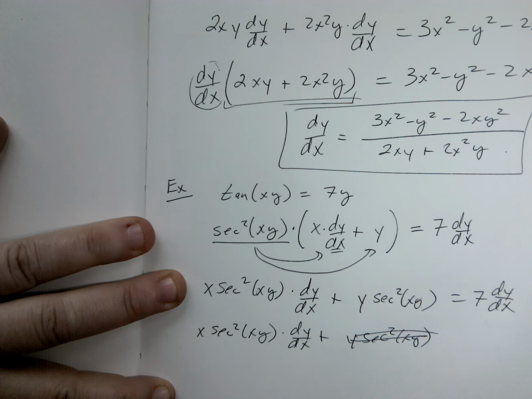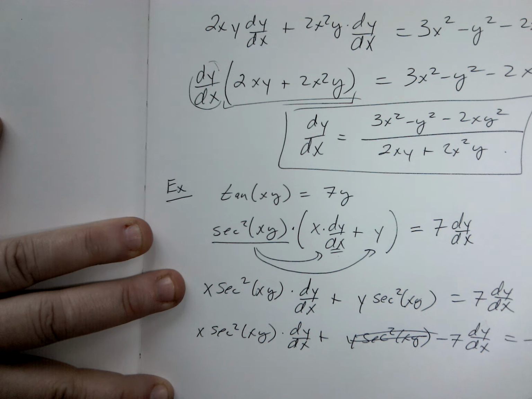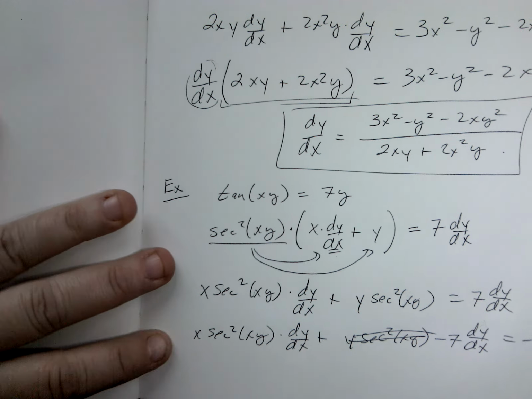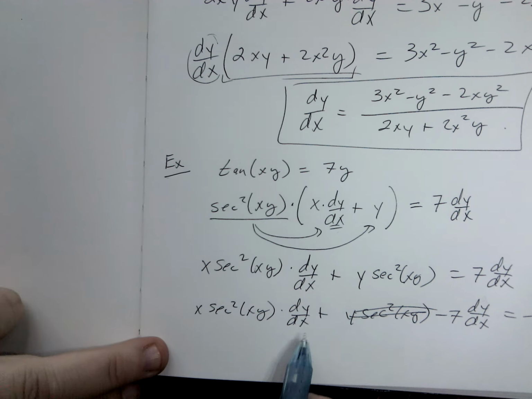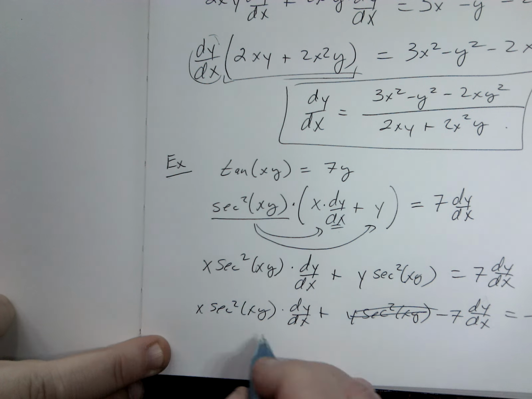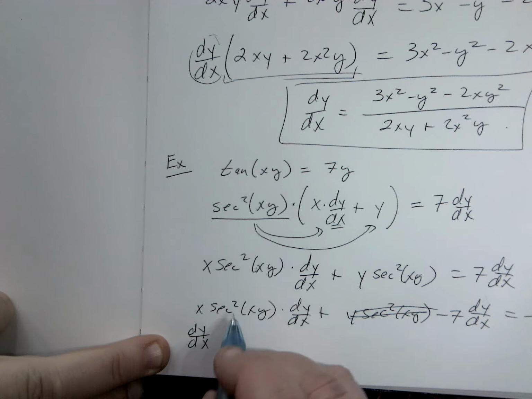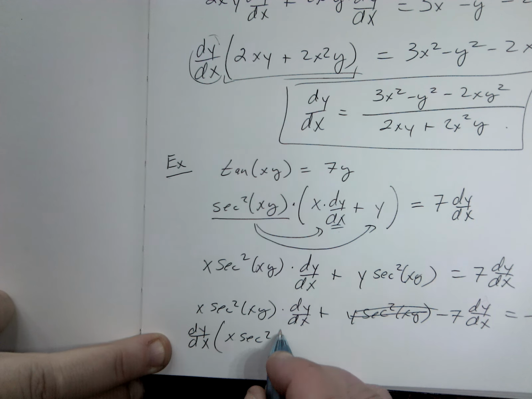Oops, forgot what I was doing. That's going to go to the other side. Bring the 7 over. And then the secant is coming over, minus negative y secant squared of xy. Now at this point I have to factor out a dy/dx and then divide by what I get. I'm running out of space, so I'm not going to do that. So factoring out the dy/dx, I'm left with x secant squared of xy minus 7.